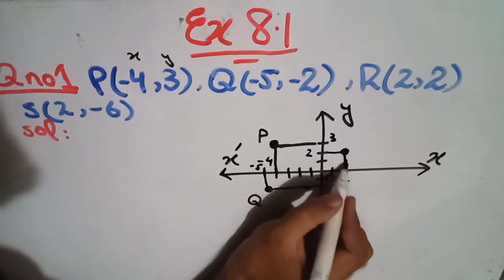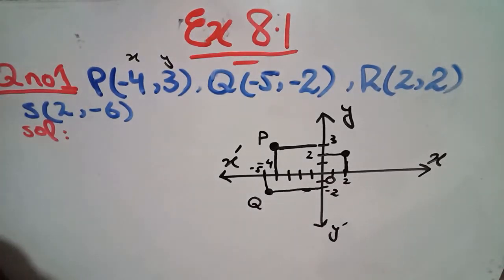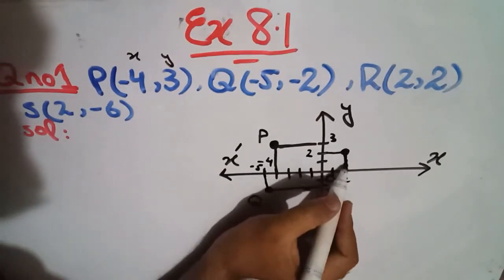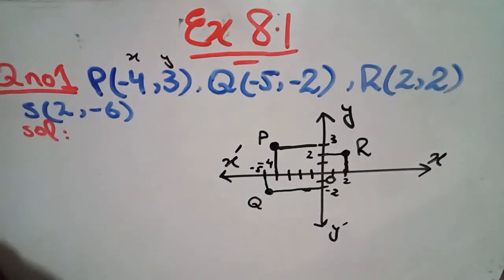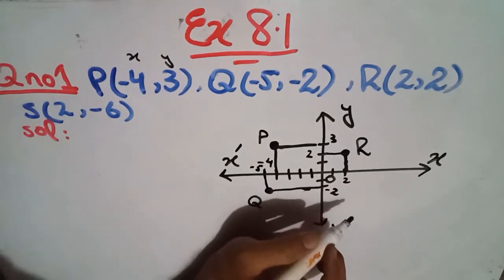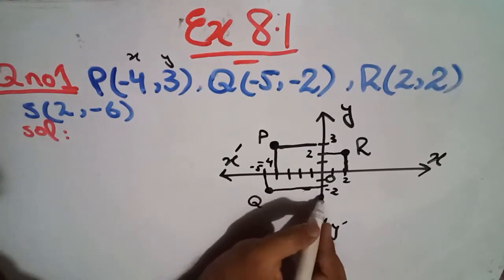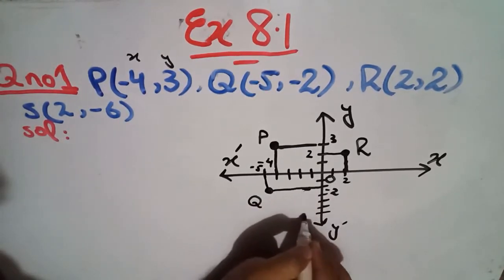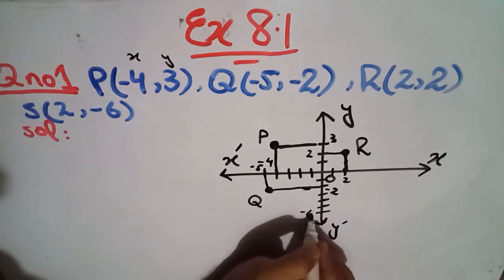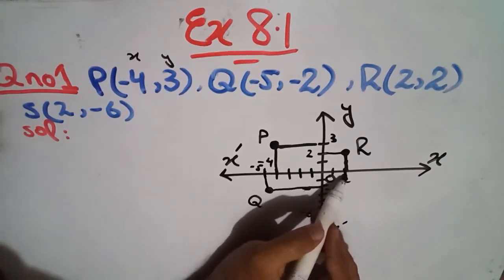There you have the third point. You can say it R. Okay, the last point is 2 -6. The value of the x is 2 and the y is -6. 1 2 3 4 5 and 6. There is -6, and there you have the value of x is 2.